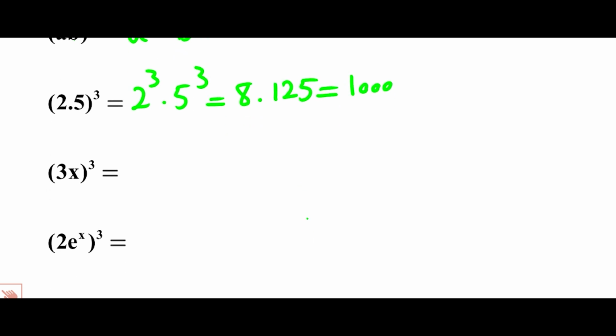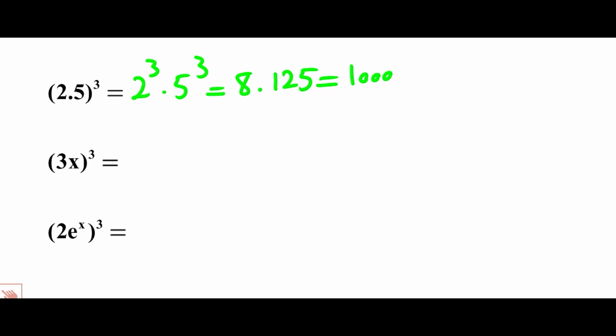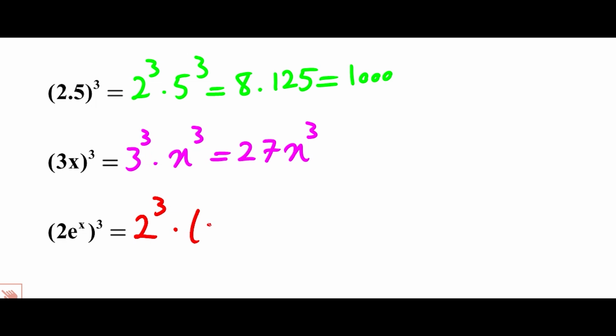Or 3x cubed equals 3 cubed times x cubed, which is 27x cubed. Or 2 times e to the power of x, cubed, equals 2 cubed times e to the power of x, cubed, which is 8 times e to the power of 3x.